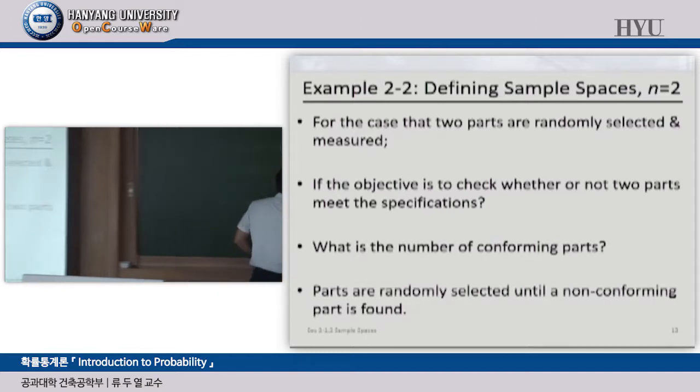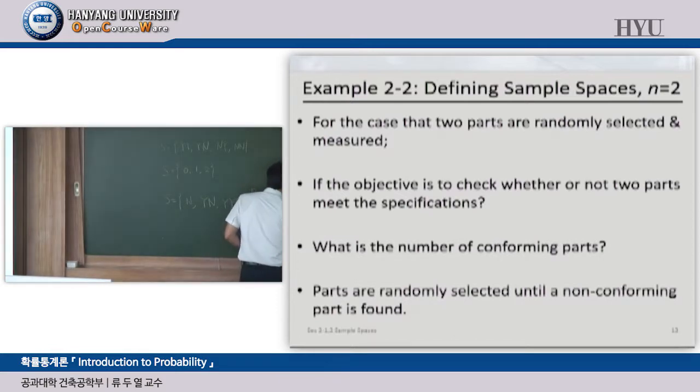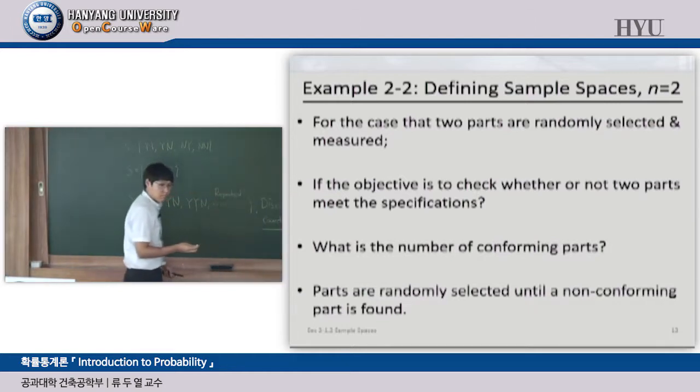So this is also discrete system, but countable infinite.